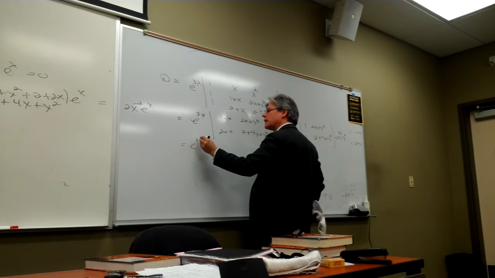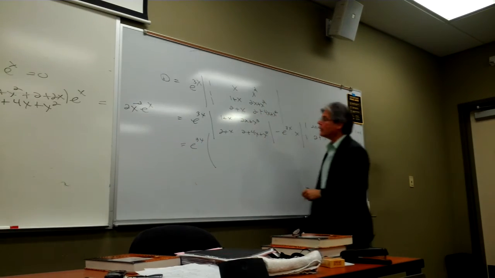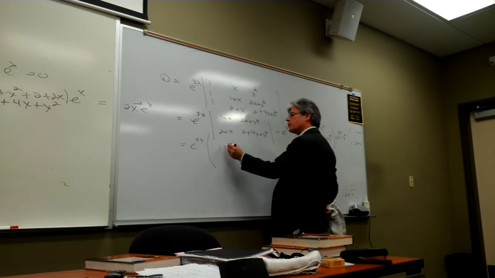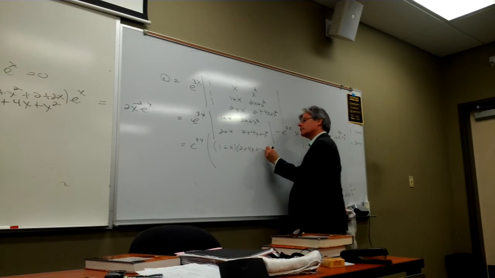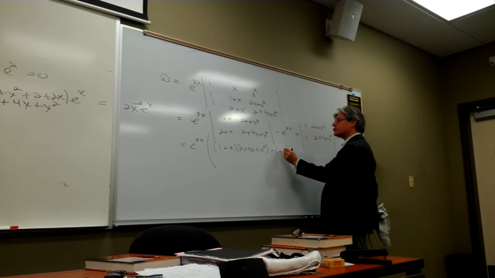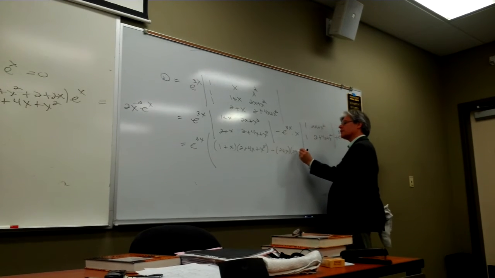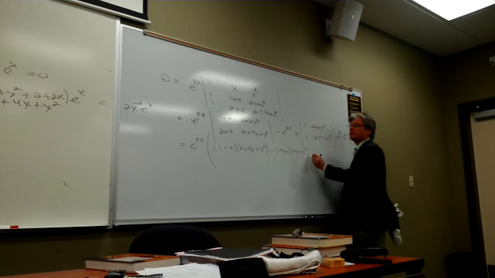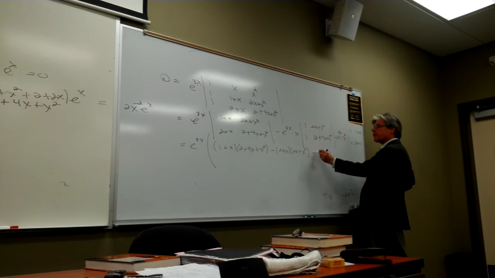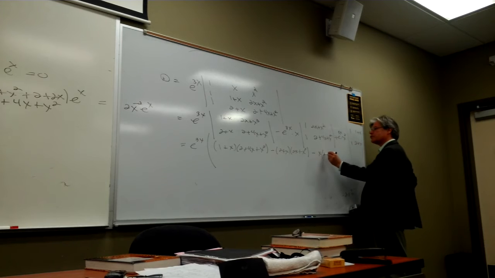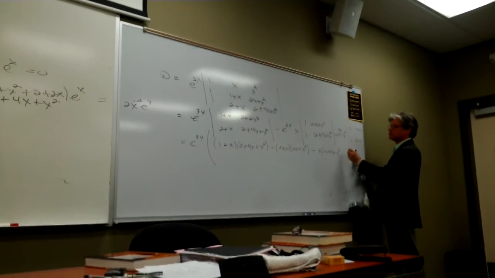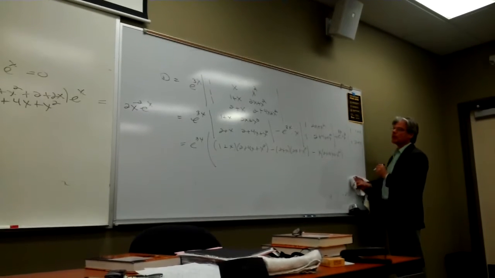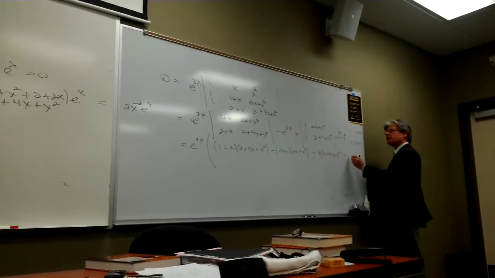Got my lingering e to the 3x times, well, let's multiply out: 1 plus x times 2 plus 4x plus x squared, minus 2 plus x times 2x plus x squared, minus x times 2 plus 4x plus x squared, plus x times this.